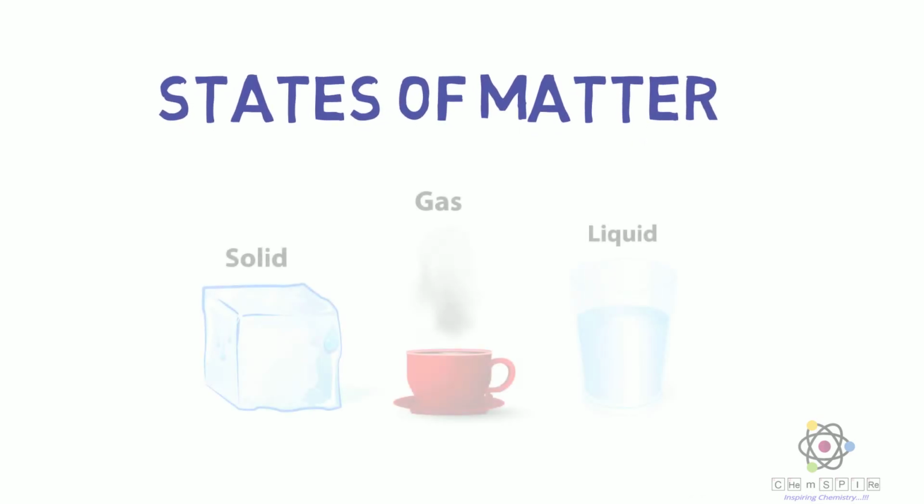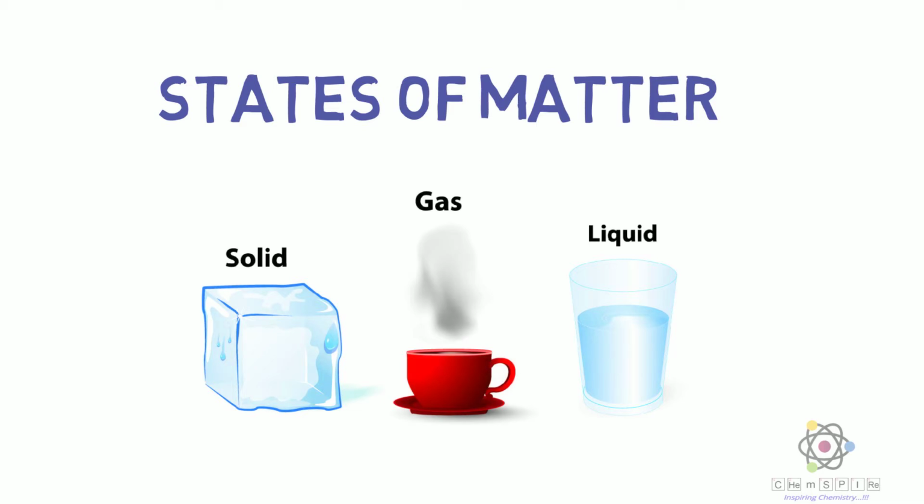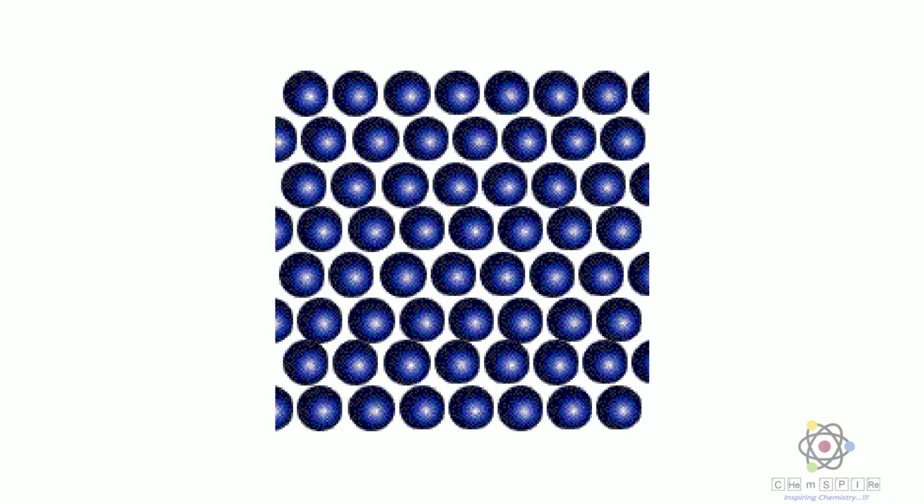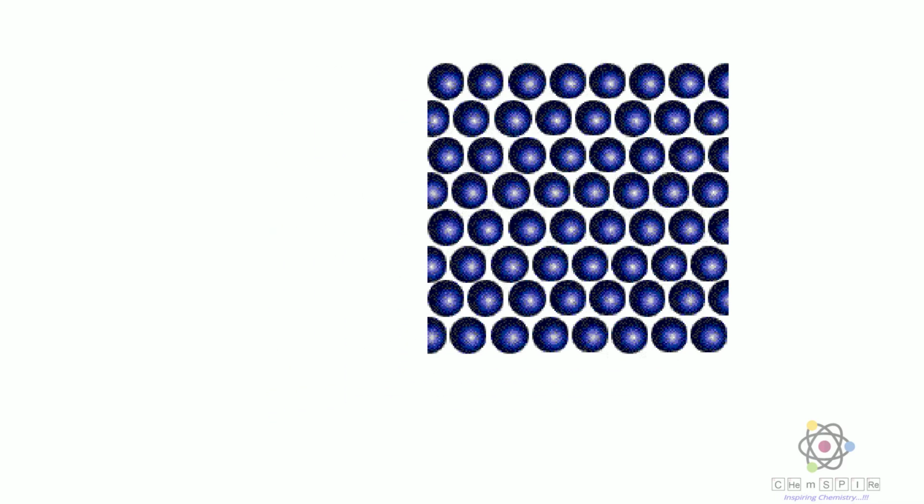Now, as we know, matter can exist in 3 states: solid, liquid, and gas. In this lesson, we will discuss different arrangements of particles in a solid state and how different properties depend on these arrangements. So let's start with the characteristic properties of solid state.